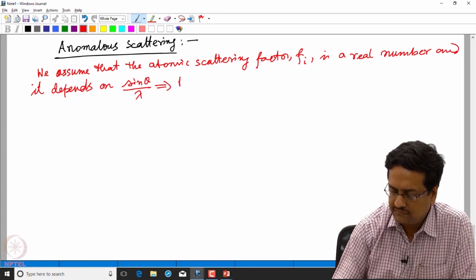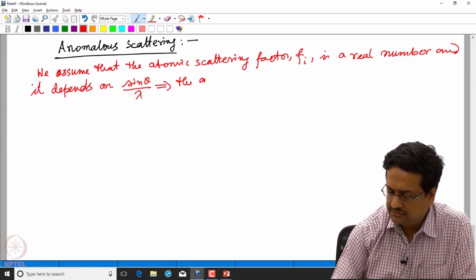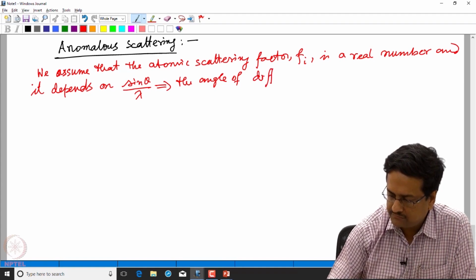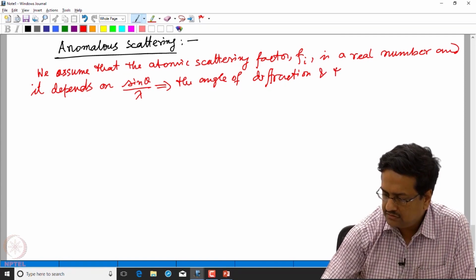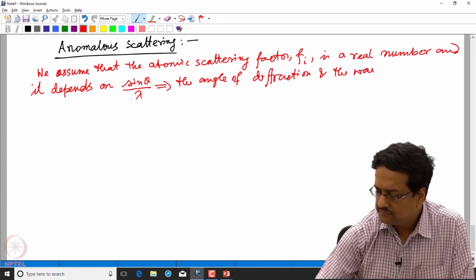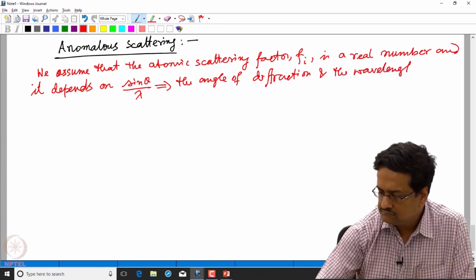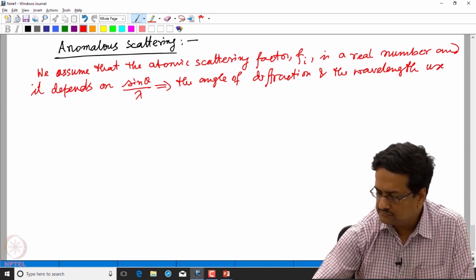That is, it depends on the angle of diffraction and the wavelength used.